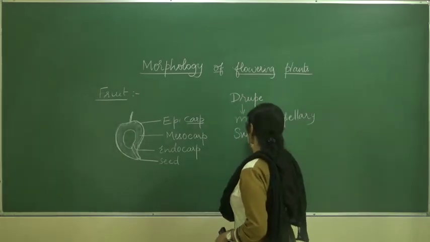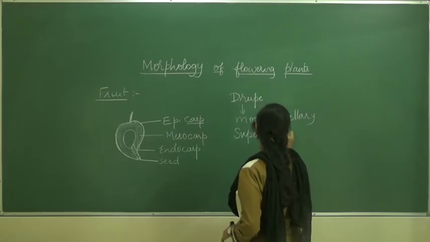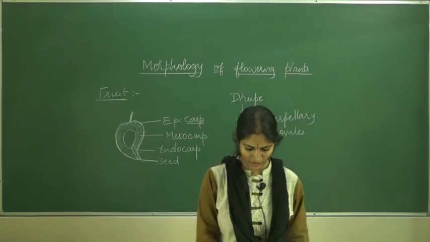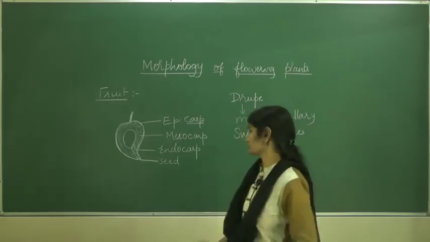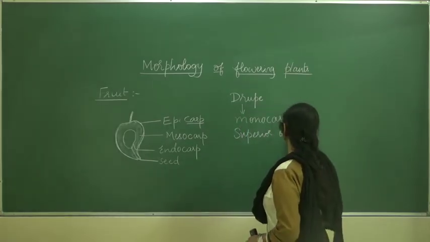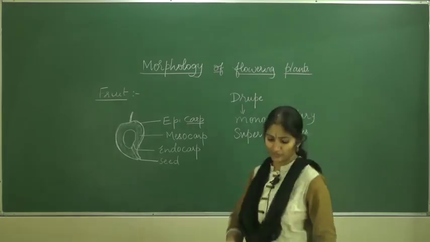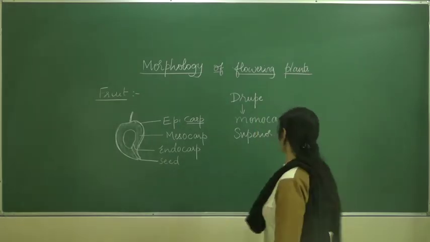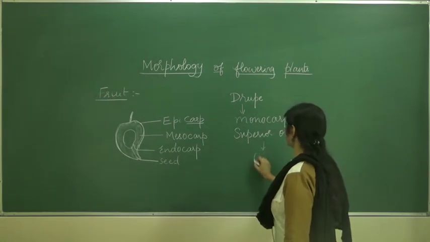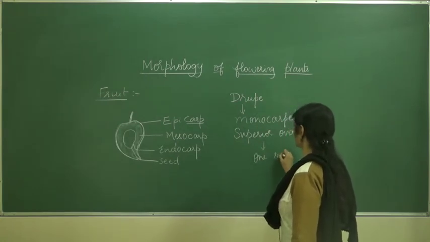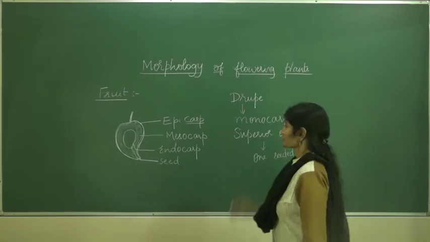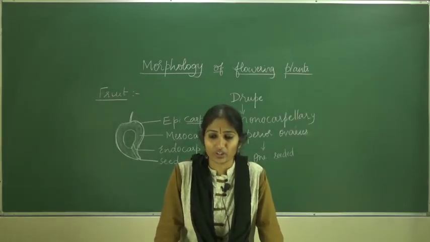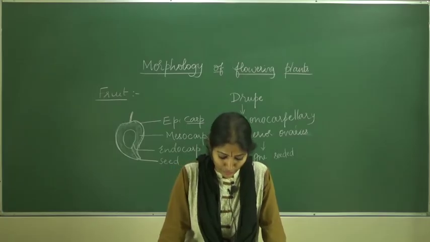Then it has superior ovaries, and because of this, you see that they are one seeded. So this is how the fruit is. We call such kinds of fruits drupes.